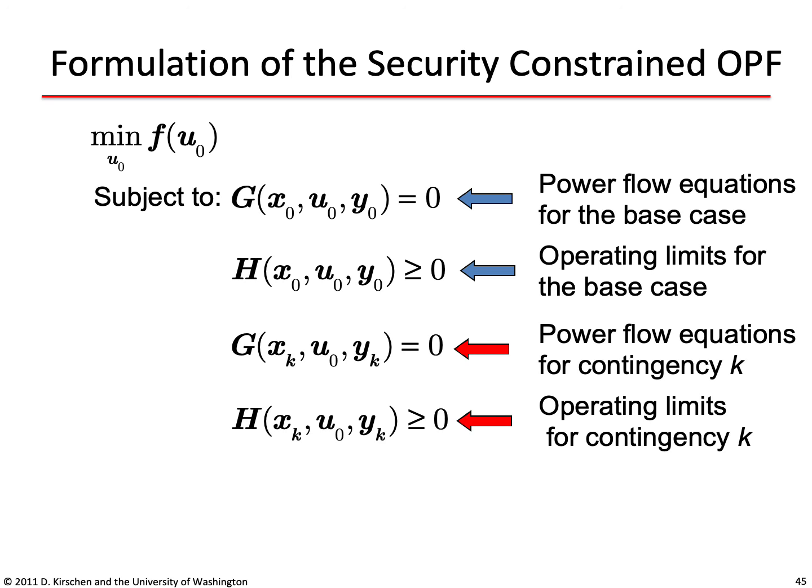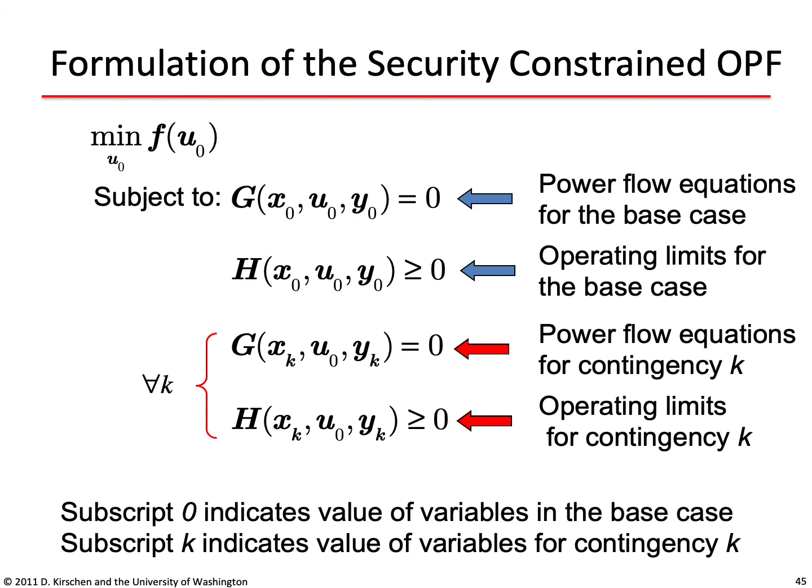That leads to a change in the state of the system xk, but we keep the control variables u0 constant. Now we get a set of equality constraints g(xk, u0, yk) equals 0 for every contingency, and a set of inequality constraints h(xk, u0, yk) also for each contingency k.